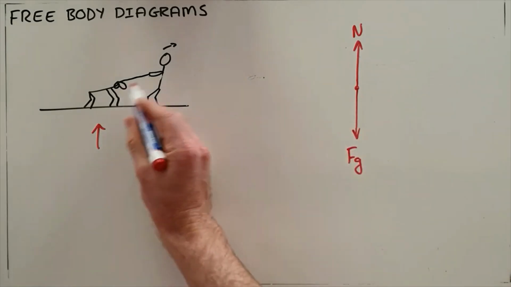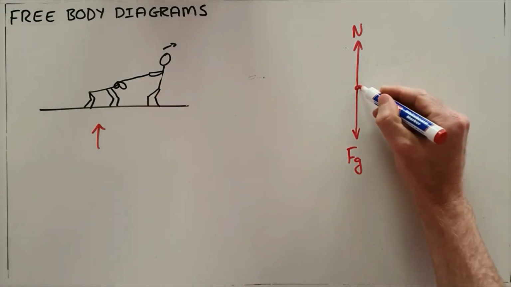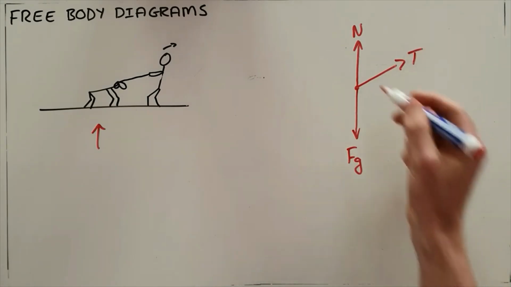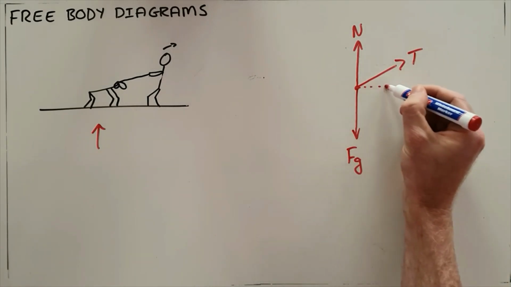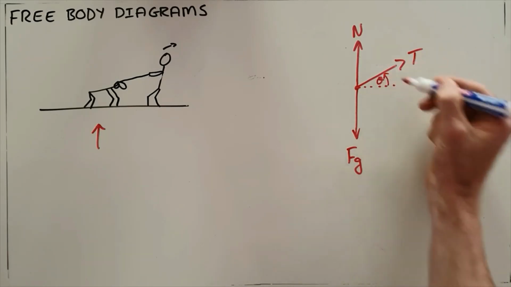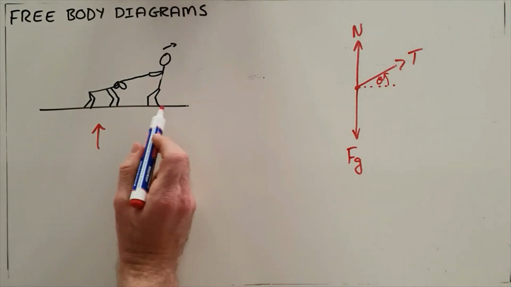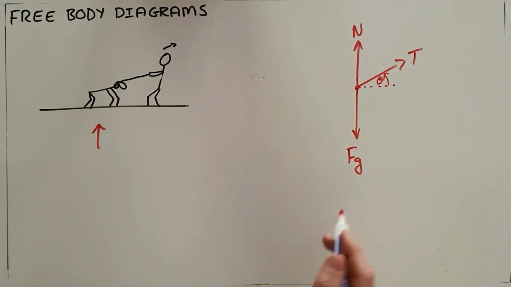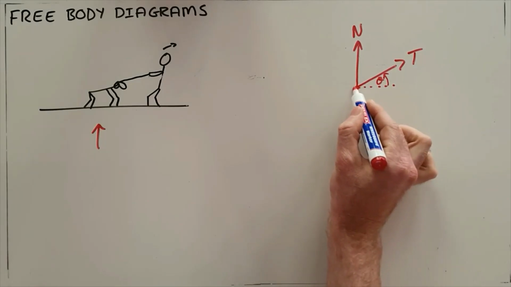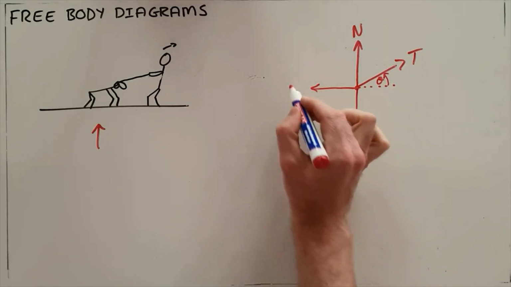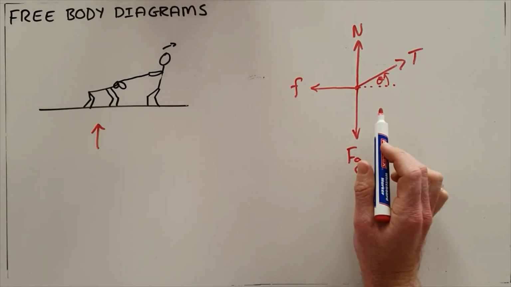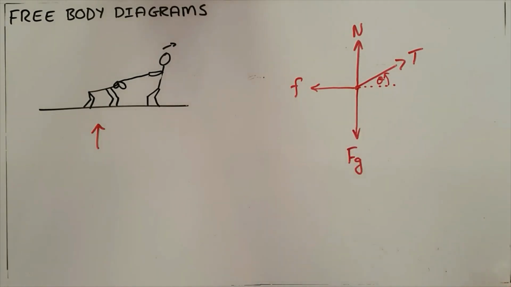Then we can see that there is a tension force, the force that the leash is exerting on that object, acting at some angle. We are allowed to indicate that angle if it is known in this diagram. And finally, we can see that this object is not moving, which means that there must be some kind of frictional force acting on this object. And we know that frictional forces always act opposite to the direction of motion and parallel to the slope.